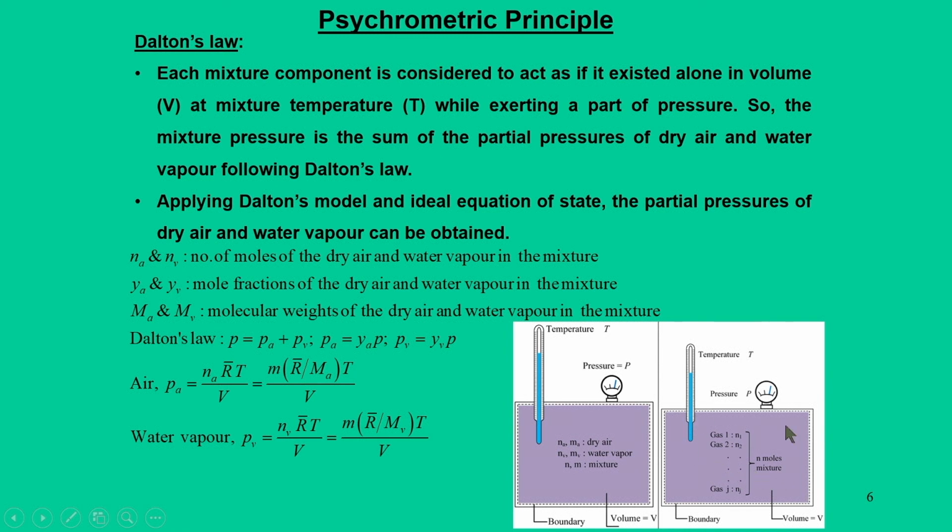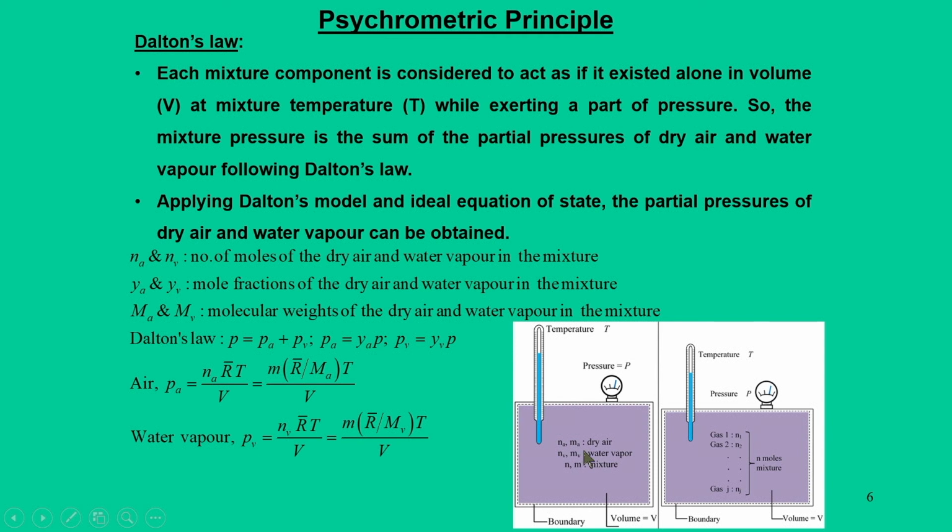So, that is the basic principle of what we call Dalton's law, and we can apply this Dalton's law to our systems. In our systems there are only two constituents, one is dry air, the other is the water vapor.